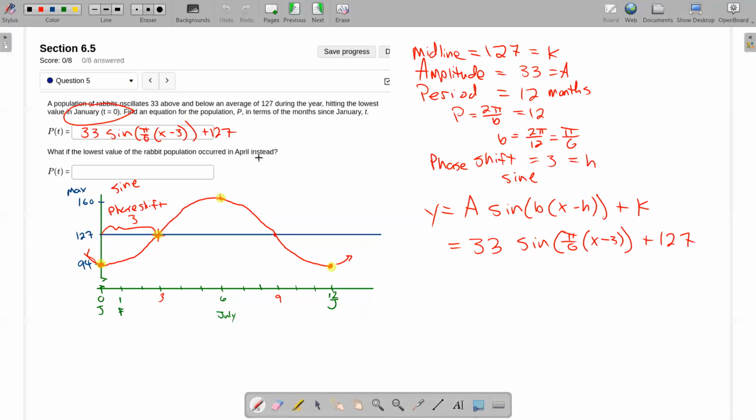They just said let the min occur in April. So on this graph down here, January, February, this would be March, this would be April, and the 3rd month, that's where I want this min to shift to, right there. And then everything else gets shifted 3 also, right? So this point gets shifted 1, 2, 3 over. This point gets shifted 1, 2, 3 over.